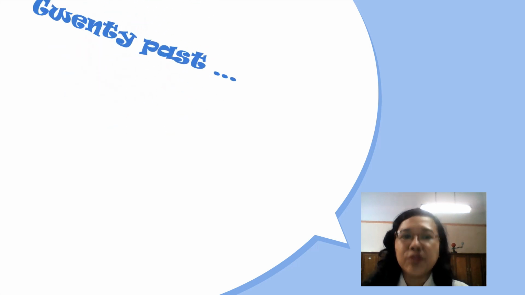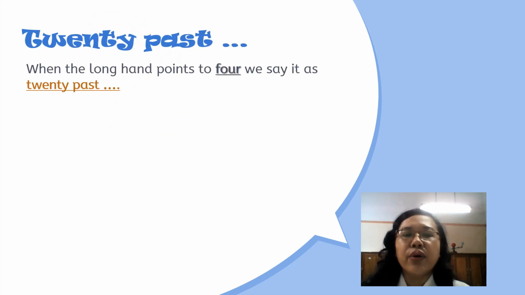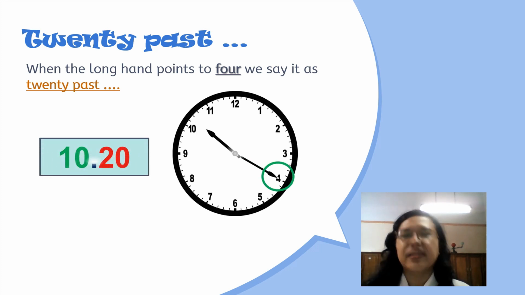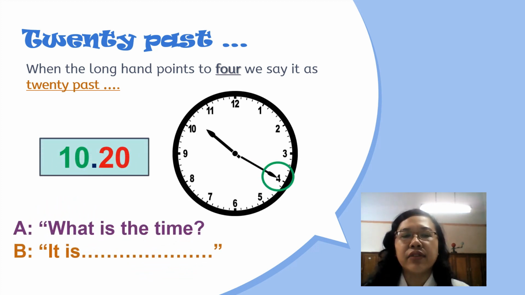Okay, after we learn about 5 past and 10 past, we go to 20 past. For 20 past, when the long hand points to 4, we say it as 20 past. Look at the examples of the watch. What is the time?